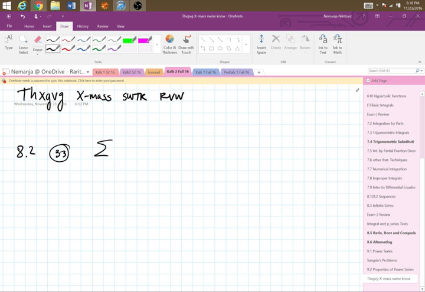And it says summation from 2 to infinity of 1 over n squared minus 1, which is a telescoping series because we can do a lot of work using partial fraction decomposition once we factor this into n minus 1, n plus 1.